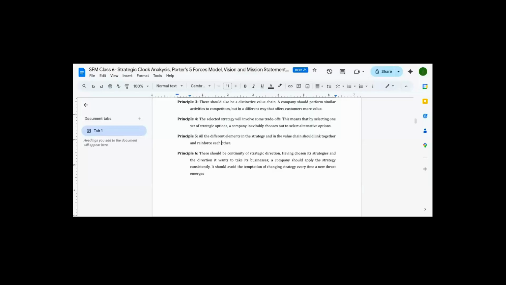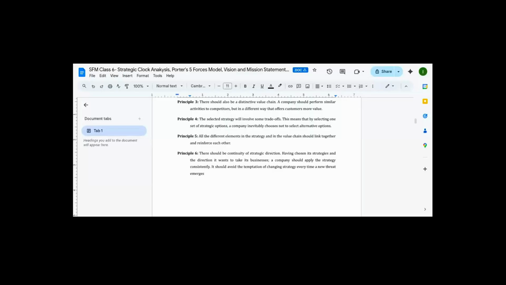And lastly, the sixth principle: Porter advised that there should be continuity of this strategic direction. We must not stop. So far the strategy is yielding positive results, it should be a going concern. Even in accounting, that's what we call a going concern. For us to remain in business and remain competitive, all the strategies we are using must be continuous and improved.